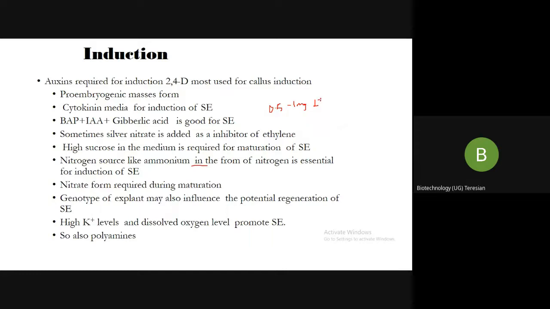What we add is 2,4-D. It induces callus formation and the concentration is usually 0.5 to 1 milligram per liter, which is good for callus induction and proliferation.